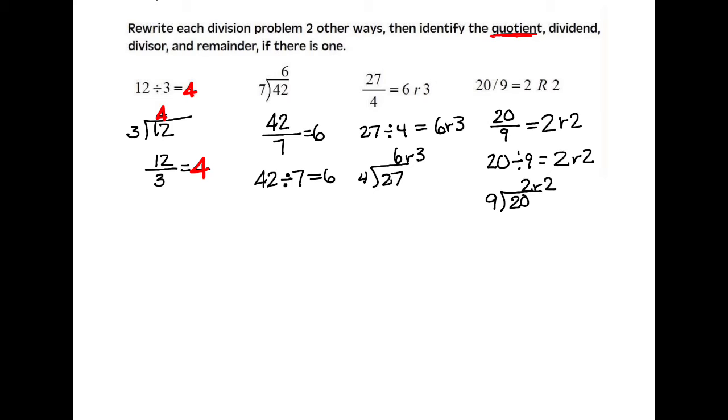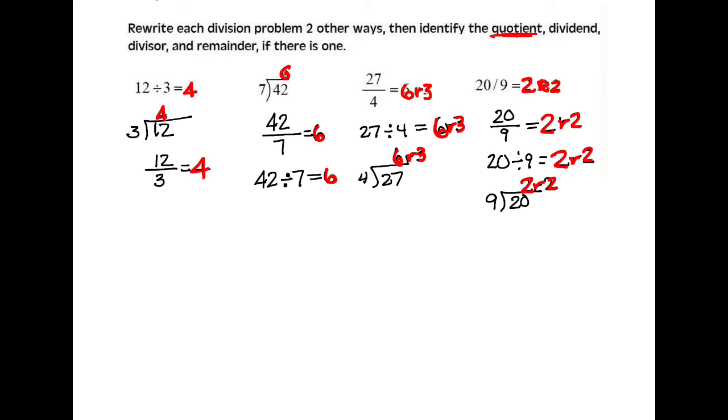On this one, the answer is 6. On the next one, it's 6 remainder 3. The entire thing is the quotient. And same thing with this last one: 2 remainder 2 is the quotient. Whatever the answer is, that is the quotient.